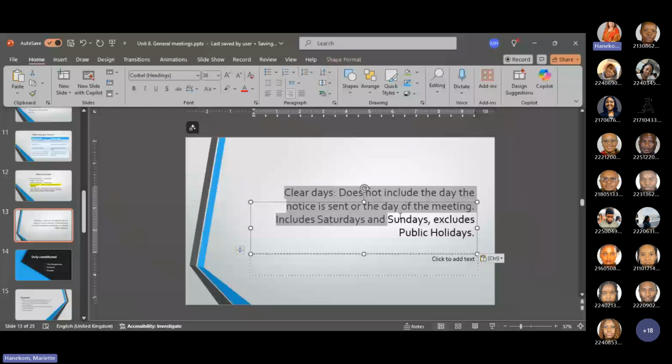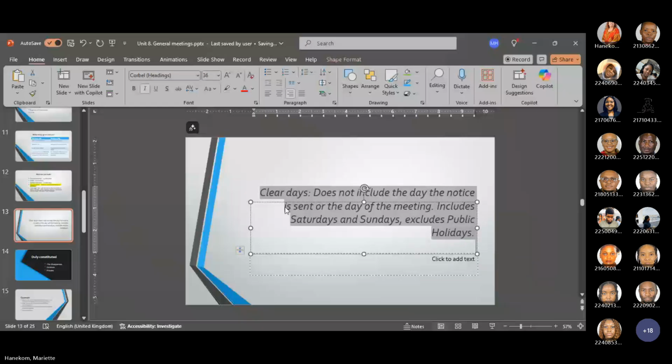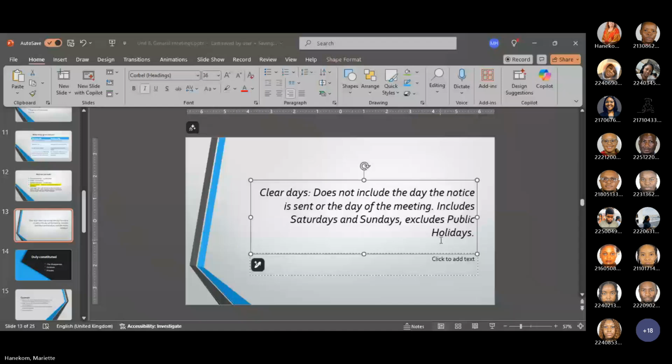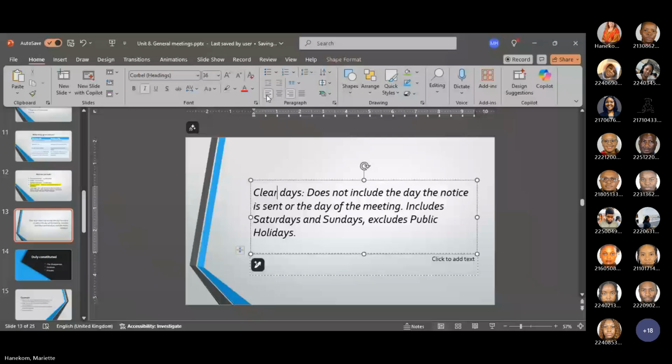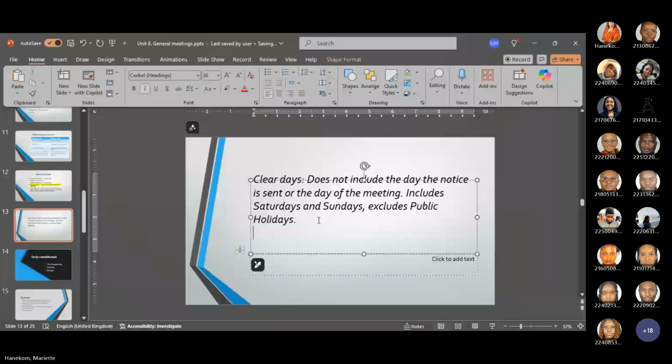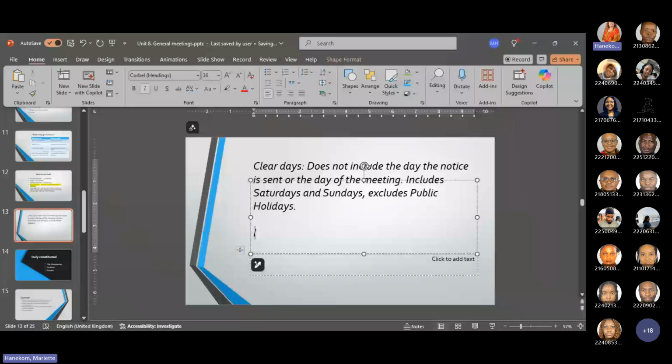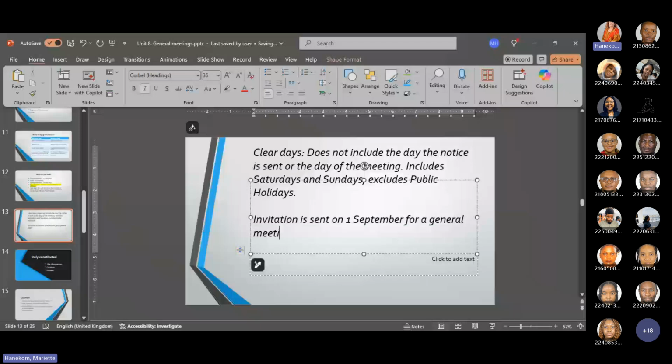Let me do an example with you here. Let's say the invitation is sent on the 1st of September, for a general meeting to adopt a special resolution.